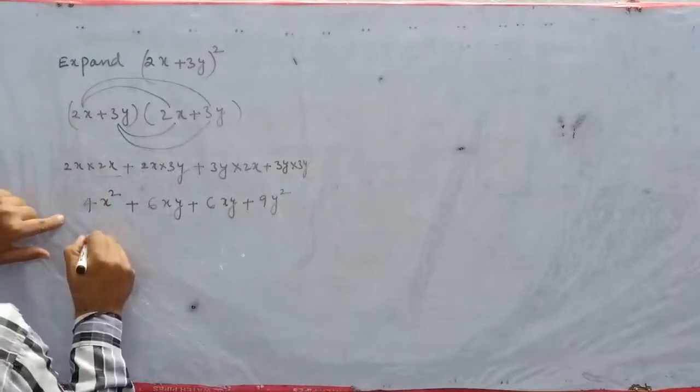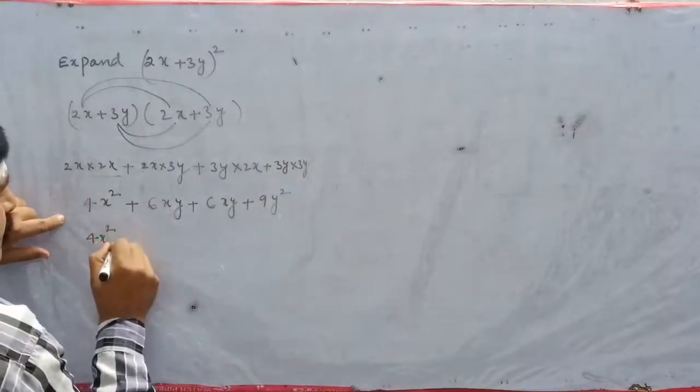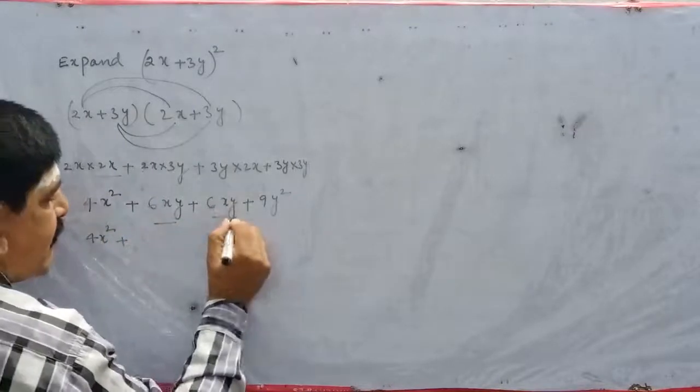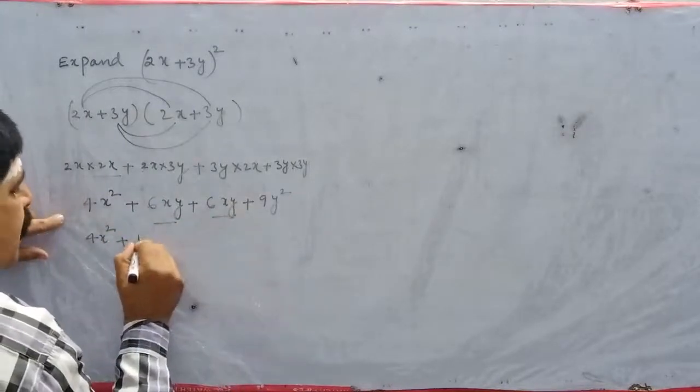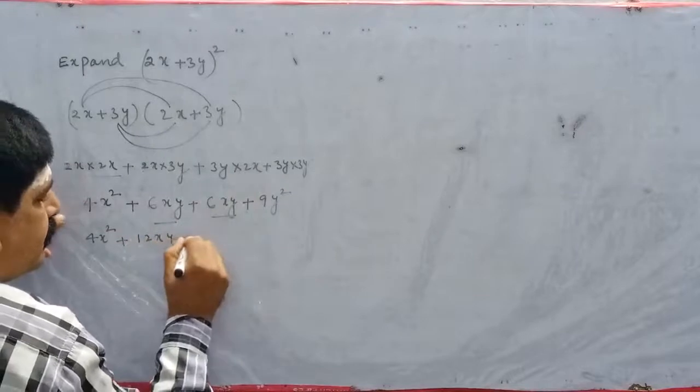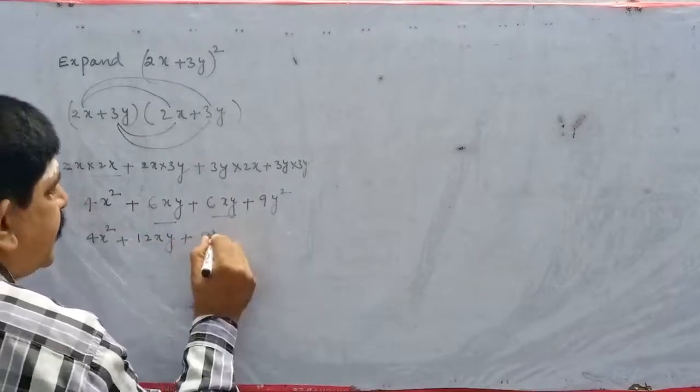Now 4x square plus 6xy plus 6xy, 12xy plus 9y square. Right?